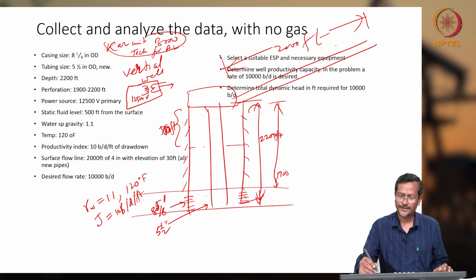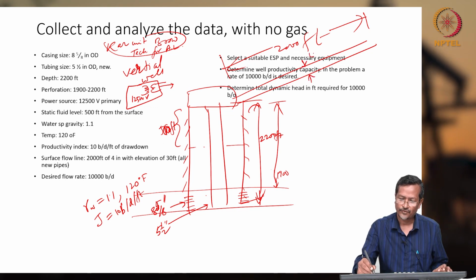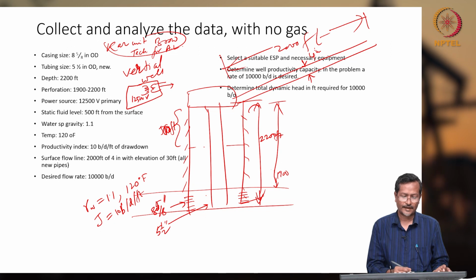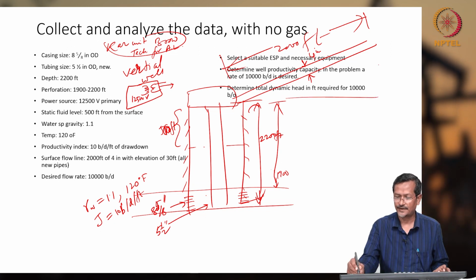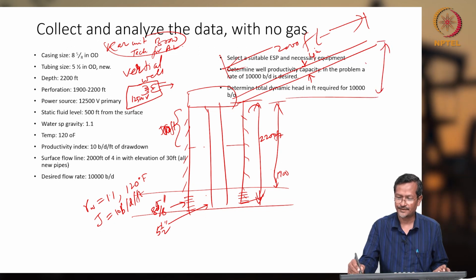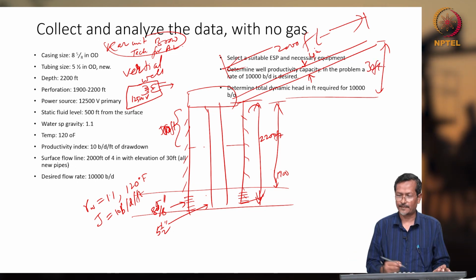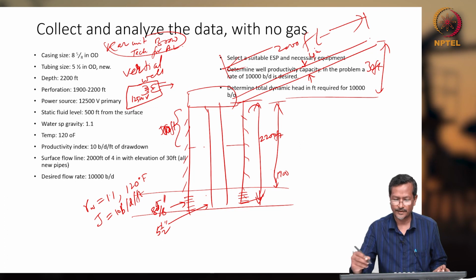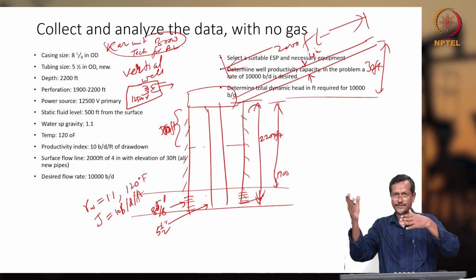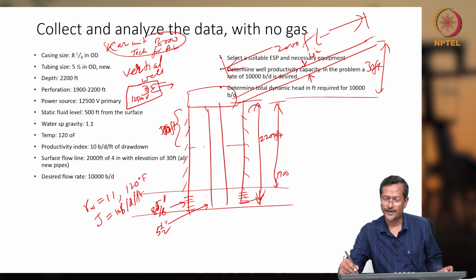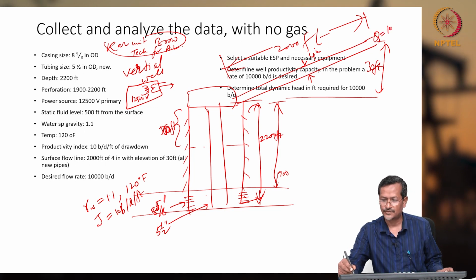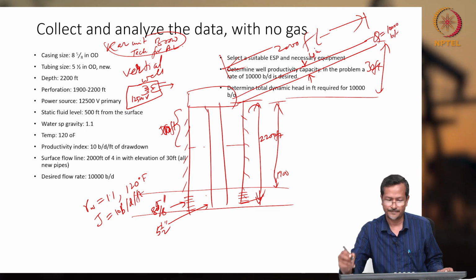It is 4 inch diameter, and elevation 30 feet. Elevation means this height is 30 feet. Desired flow rate is 10,000 barrel per day, and the same flow rate Q will be there from wellbore to the surface.